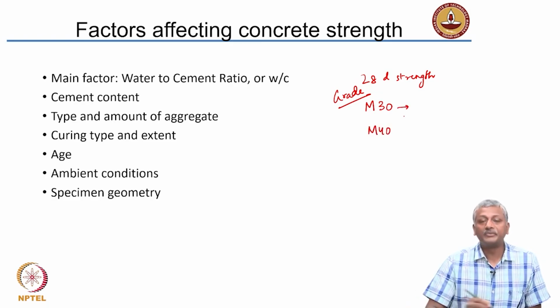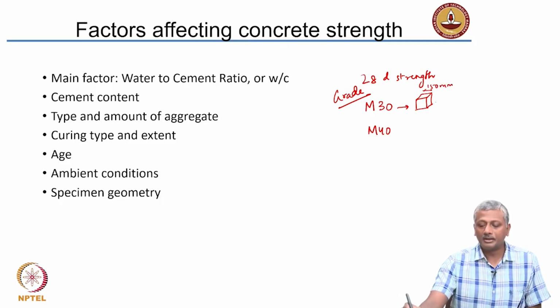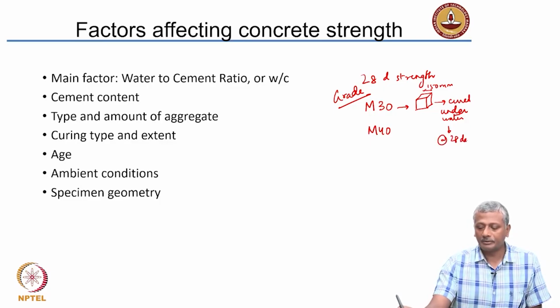This means that a concrete cube of 150 mm side, okay, 150 millimeters side cube, which is cured under water at 28 days, gives a strength of 30 Newton per millimeter square.